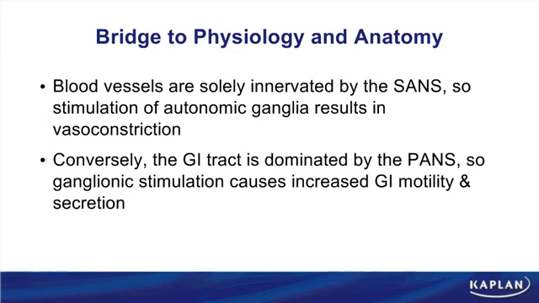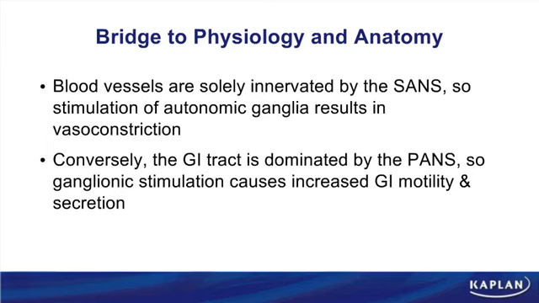It's what I call domination by default. If you're the only system, of course, you're the dominant system. Organs that are only innervated by sympathetic pathways: blood vessels and sweat glands. No parasympathetic innervation for blood vessels or sweat glands, so sympathetics are going to dominate those organs. All others, it's parasympathetic.